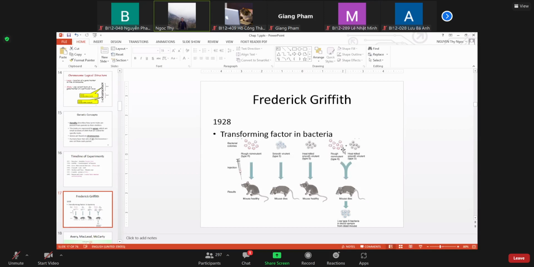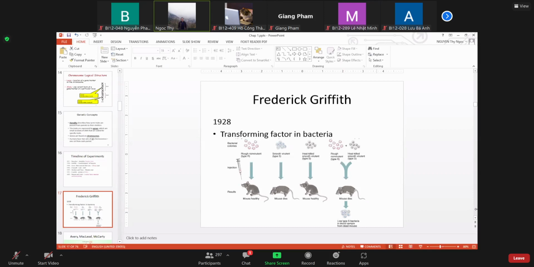He expected the mouse to still be alive because the type R is non-virulent and the type S is virulent, but treated with heat. But in fact, the mouse was killed. And in the sample of the mouse, he found that there were live type S bacteria.